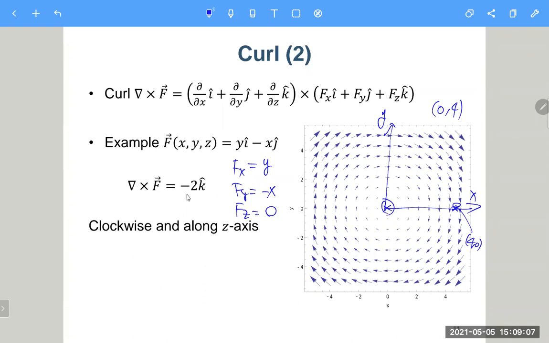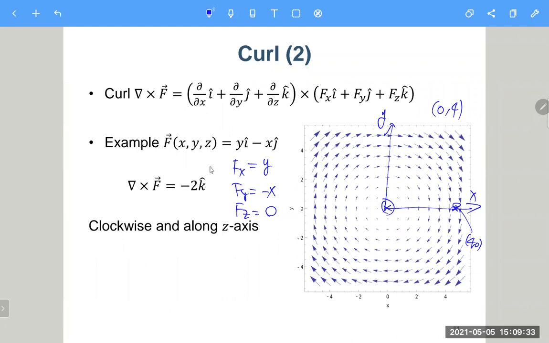So this negative 2 means this is the negative direction of k hat, which means it is rotating clockwise. Even if you don't draw this vector field out, and you only have this formula, you can just calculate the curl of this vector field.